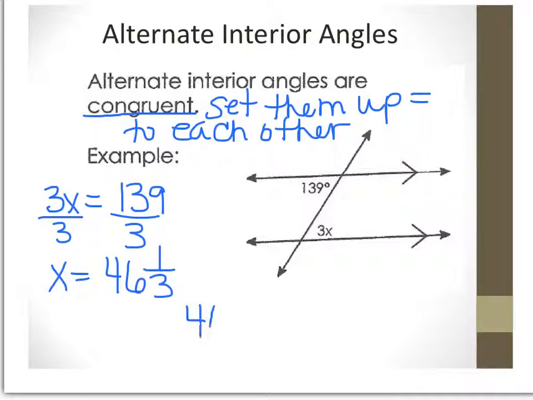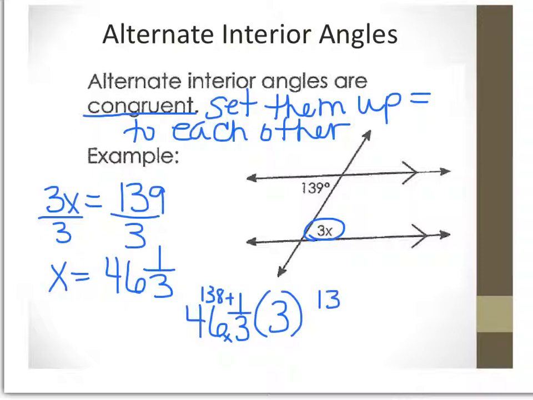If we take 46 and 1/3 and multiply it by 3, in other words, we plug in 46 and 1/3 for x. Okay? We change 46 and 1/3 to an improper fraction. So we say 46 times 3, which is 138, and 138 plus 1 would give us 139.